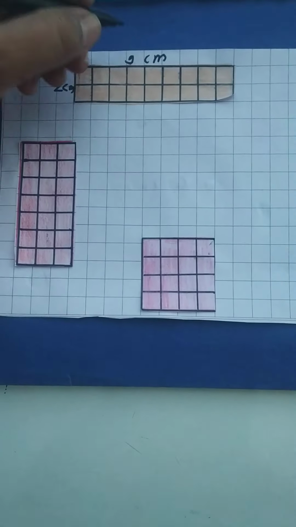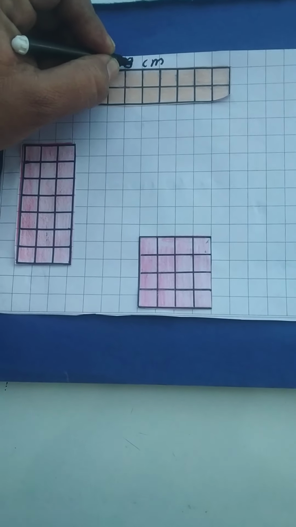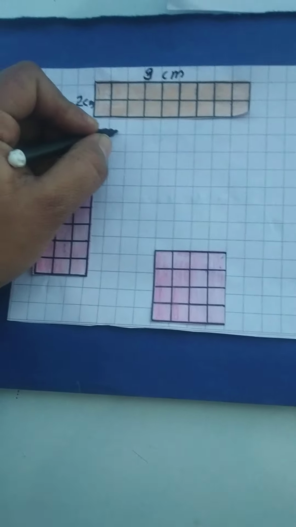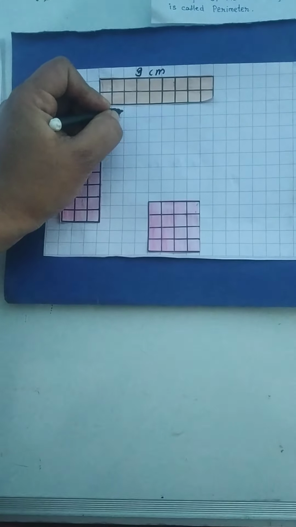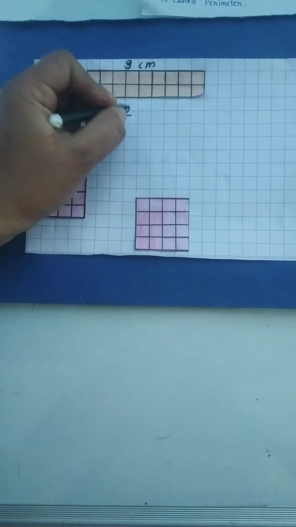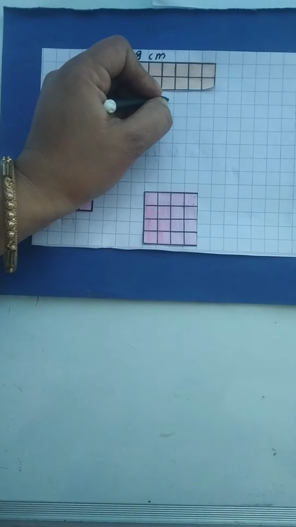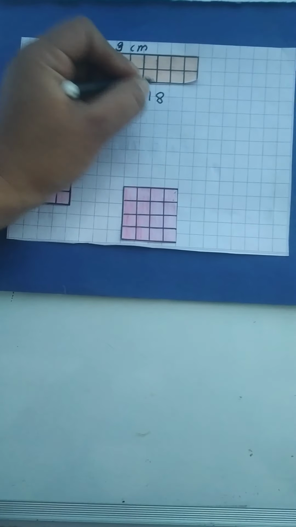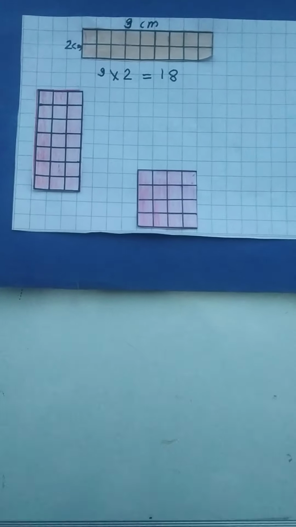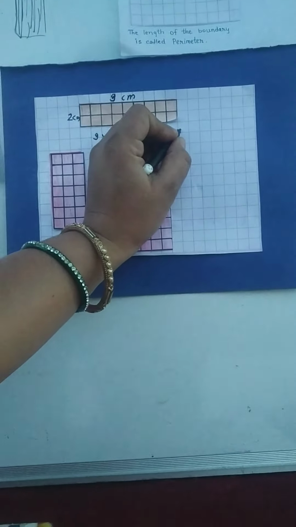By multiplying. 9 2s are 18. 9 multiplied by 2 is equal to 18. And what is the unit of area? It is square centimeter, SQ for square.